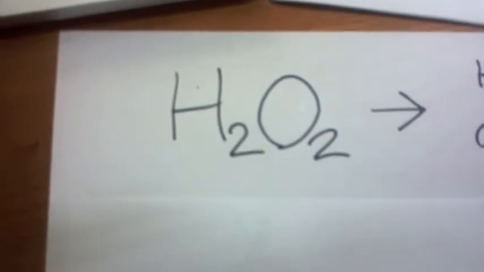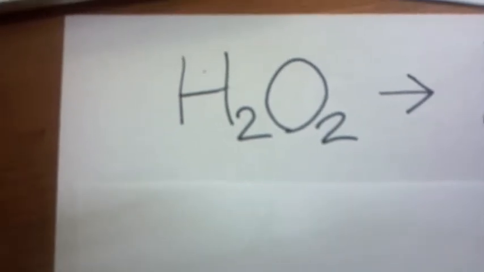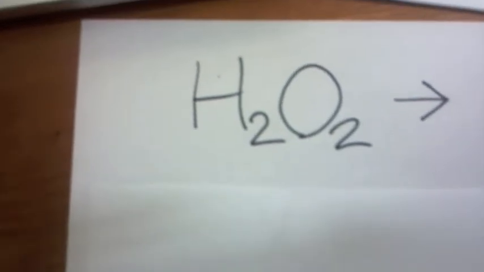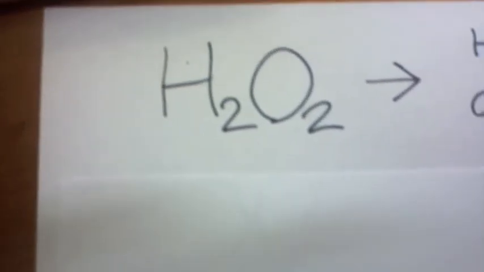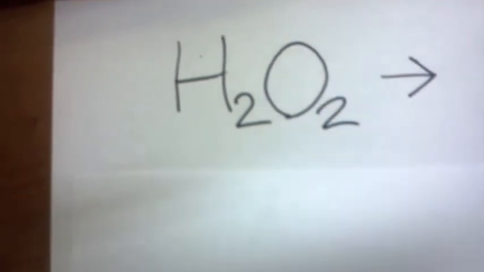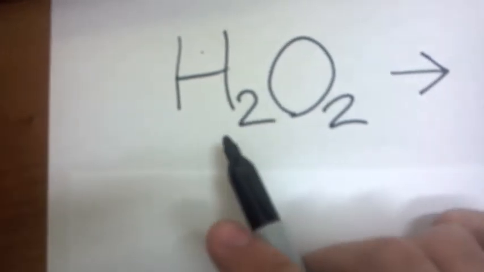Now we're going to learn how to decompose hydrogen peroxide. When you decompose hydrogen peroxide, it turns into hydrogen and oxygen, as you can see, because there's hydrogen 2, oxygen 2. In order to create a water molecule, you need H2O and O2. It's water and oxygen that makes up hydrogen peroxide. So what we need to do is figure out how to split these up.